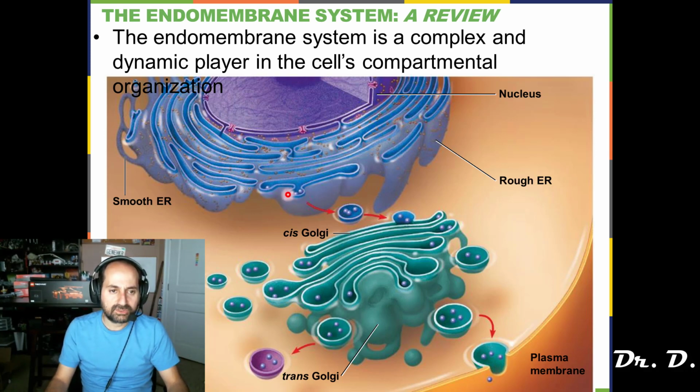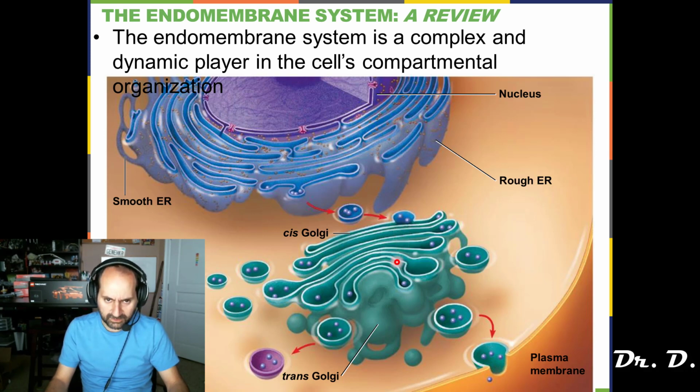The proteins are originally made at the rough ER membrane that pinches off into a transport vesicle, which fuses to and becomes one with the cis face of the Golgi, delivering the said membrane proteins and other proteins to the Golgi.